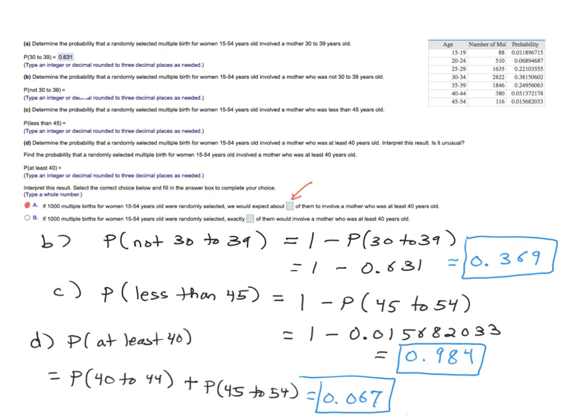Since we're talking about 1,000 events, you would take 1,000 and multiply by the probability in this part of the question, which is 0.067. You could do this on a calculator, but I know multiplying by 1,000 is going to move the decimal place 3 places. I would expect about 67 if that's what the probability for part D was.